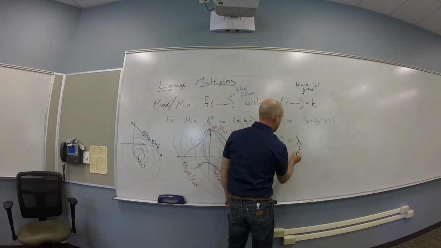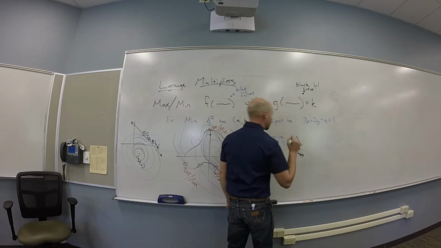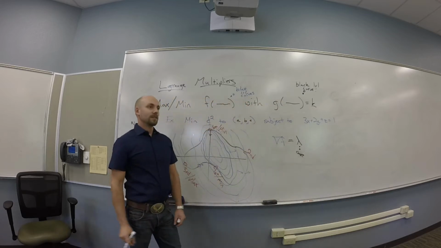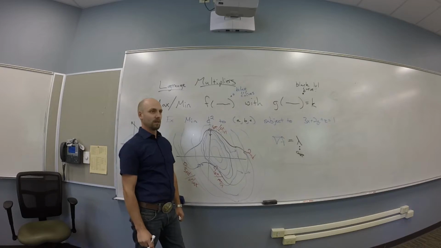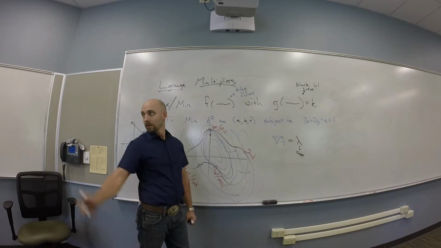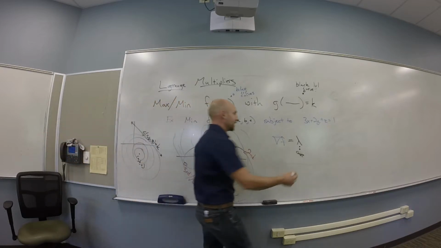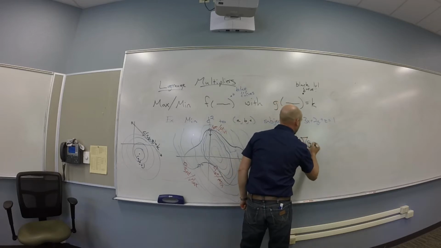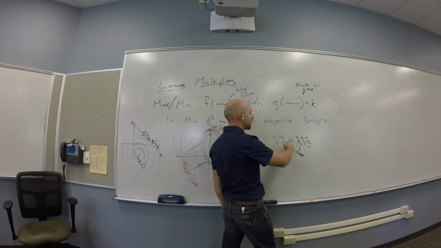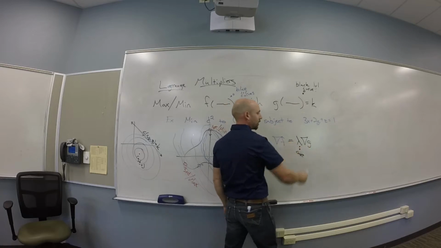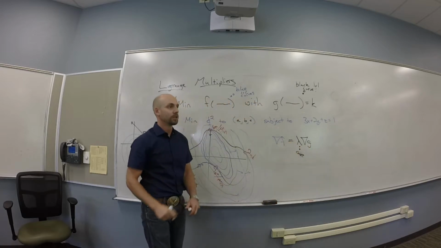What do you spell constant? C-N-S-T. There we go. So is lambda times some what? Times the gradient of your constraint. Yeah, good. You want to make the tangencies, right? So you take the gradient of the function you're trying to optimize and set it equal to some scalar times the gradient of the function that you're subject to.